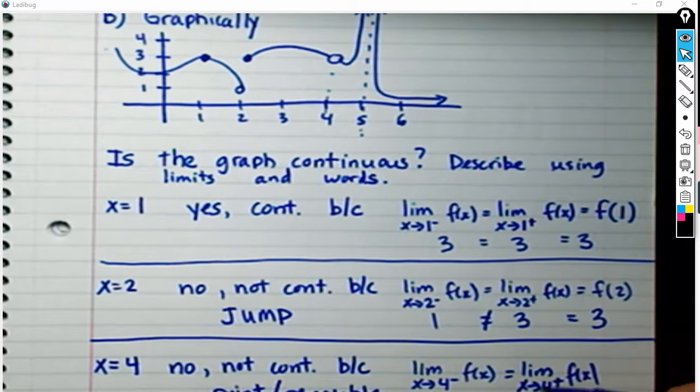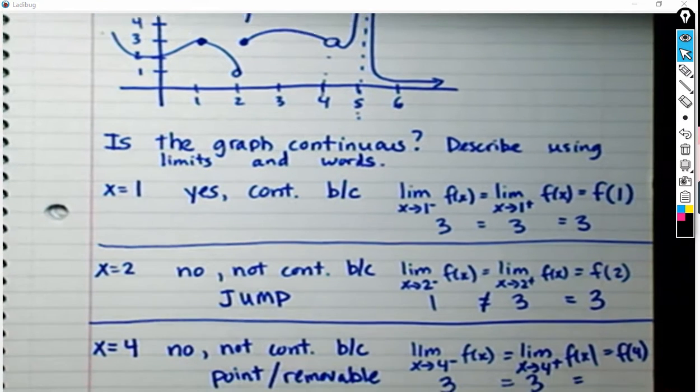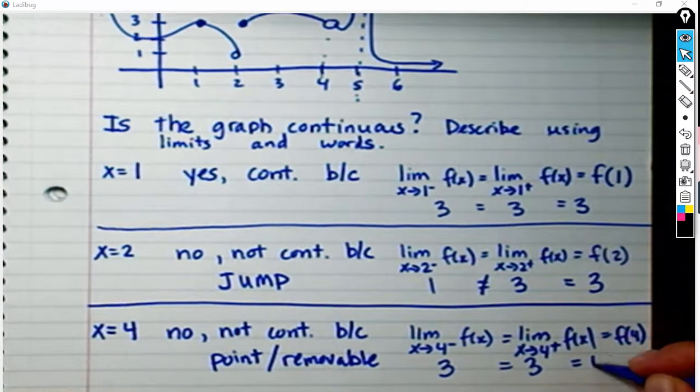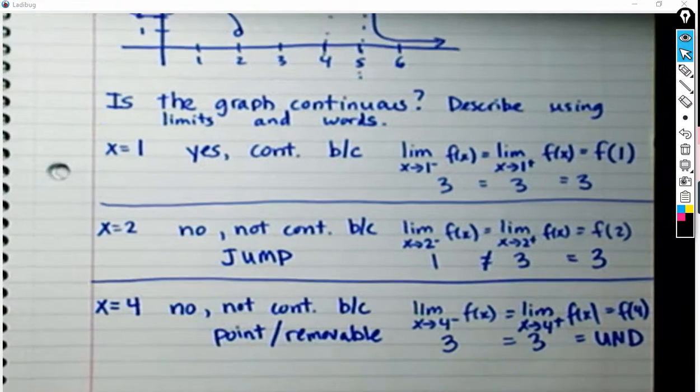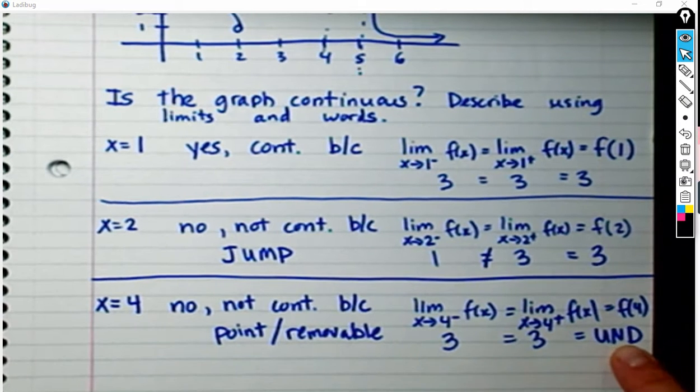Dylan, what is the limit as x approaches 4 from the right? 3. Okay. And Caroline, what is f of 4? Yeah, it's undefined. There's nothing there, so it's undefined. Notice the left and the right are the same, but the point is undefined. It's missing a point. It's a point discontinuity.